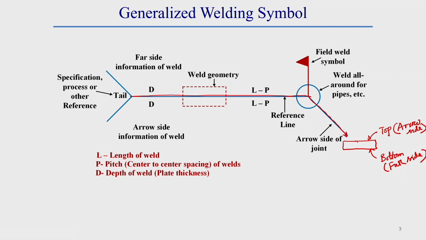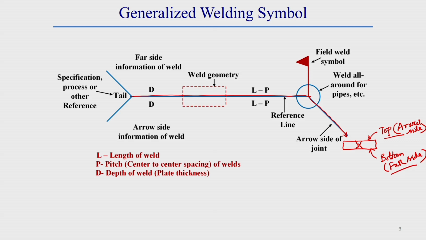So, whatever information is given on the bottom side of this reference line will be the details of the arrow side, and whatever information is given on the other side, that means the top side of this reference line, is the details about the far side.